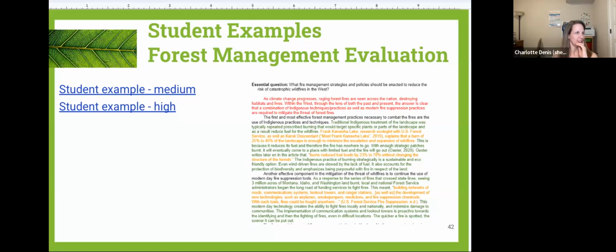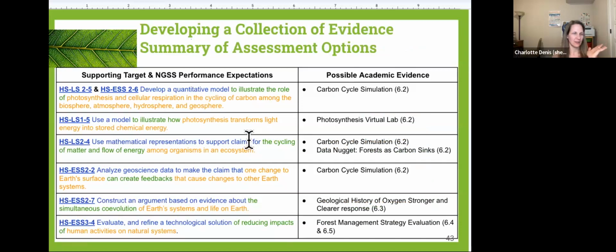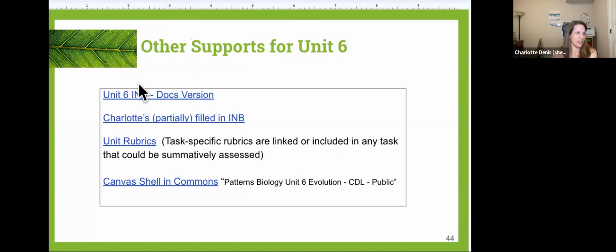Okay, then just quickly, a piece of information for you about the different kinds of evidence that you can collect in this unit. Several things can be addressed for multiple standards. So if you're in a grading system that's addressing by standard, you can collect one piece of evidence and get multiple standards from it. I also wanted to put out here the docs version of the INB, which I think I already showed you.